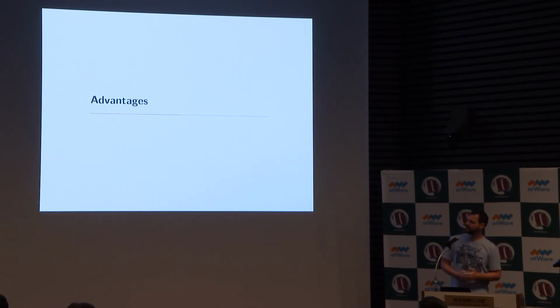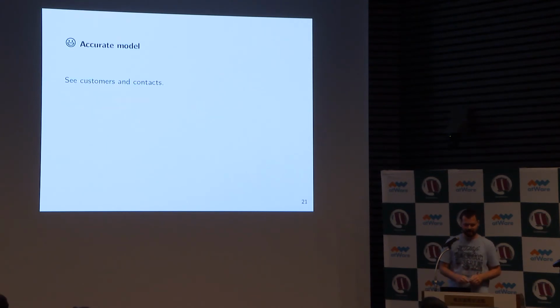Let's show some advantages of algebraic data types in Scala. They can provide a very accurate model, as we can see with the contacts and customers. You can go really, really deep with this. And actually, theoretically, you can represent any kind of model with any kind of invariants as an algebraic data type.